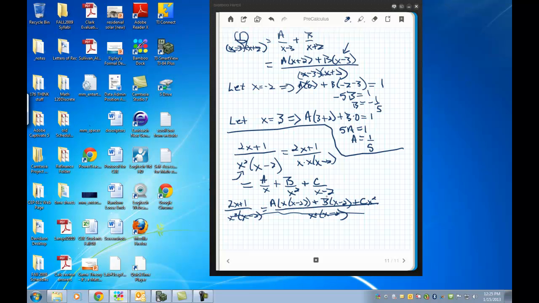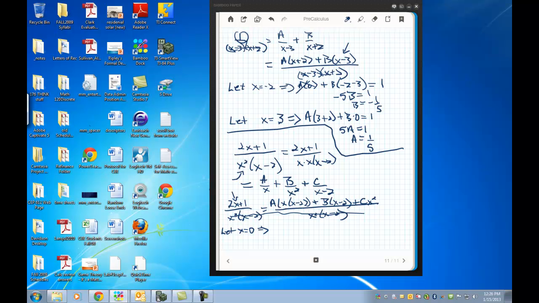Now, can you see a nice little number that might work out here? If I let x equal, can you see a number that would make some terms go away? How about 0? Let x equal 0. Doesn't this imply that this term is going away and this term is going away? Ooh, we got to respect that x as well, don't we? So the only thing that I'm left with, because a times x, which is a times 0, disappears.